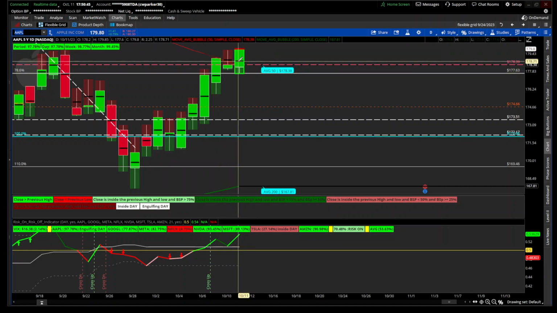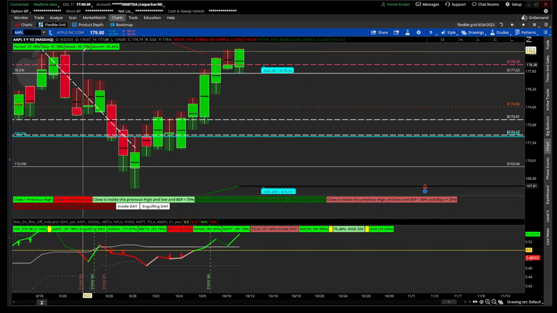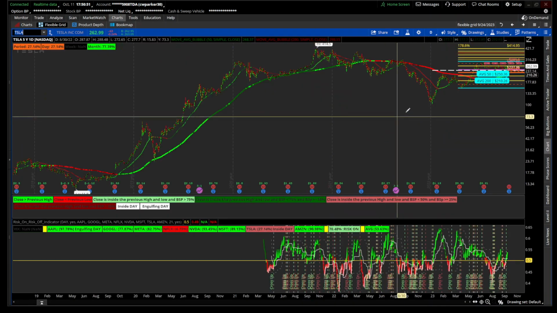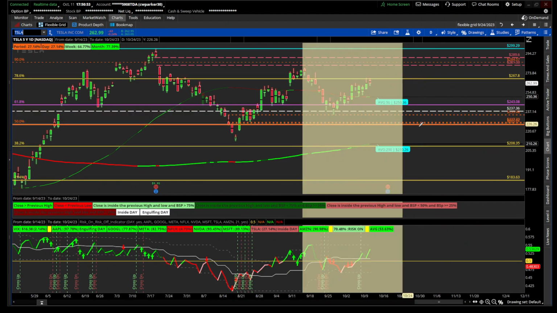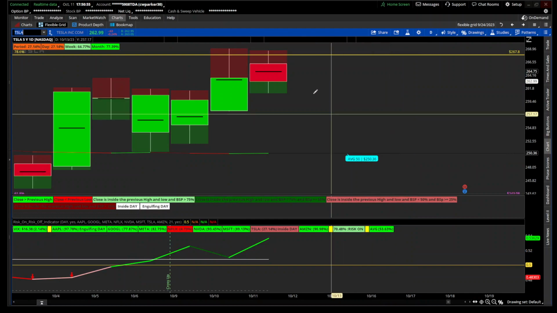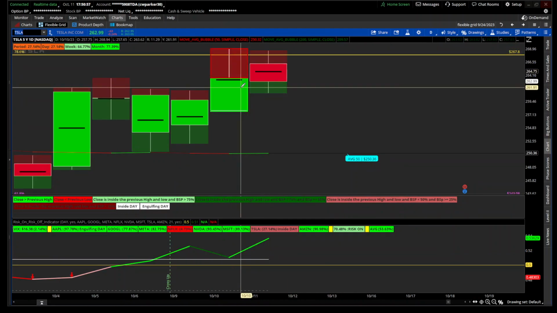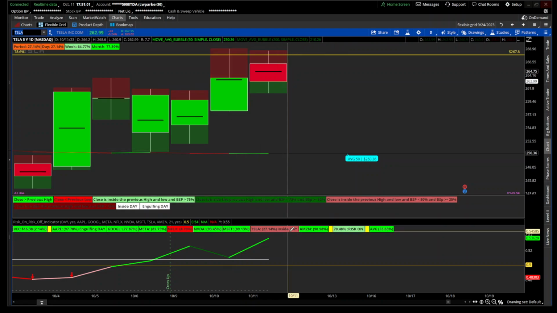So that gave you a bullish engulfing candle. And we go to Tesla, and we can see the exact opposite. This candle's high and low are inside the previous high and low, which gives you an inside day.